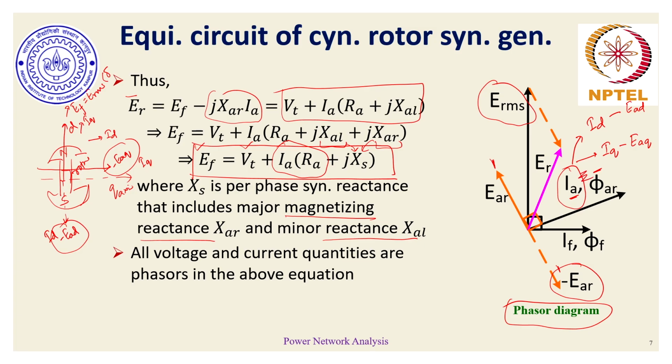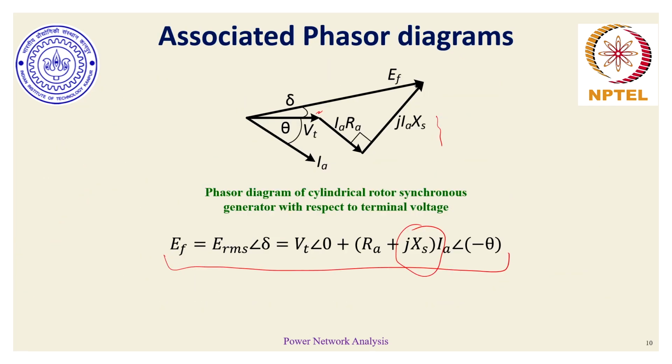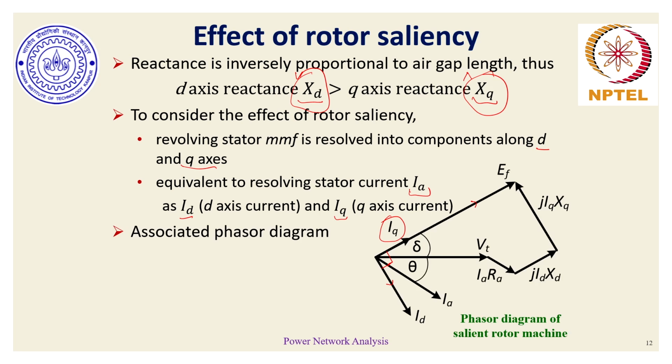If we superimpose this, what we see here is that induced EMF and quadrature axis current are parallel, whereas the direct axis component is perpendicular to the induced EMF direction. So that is the reason behind having this as our phasor diagram for salient pole machine.